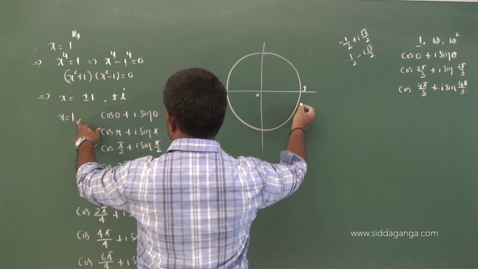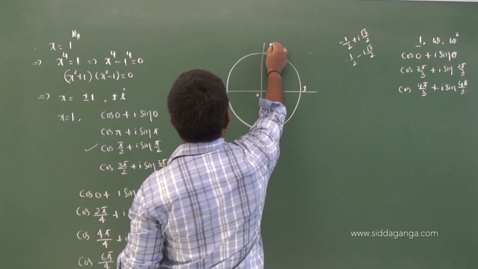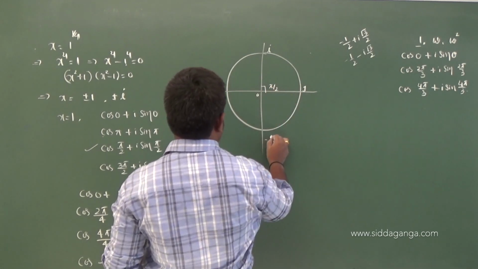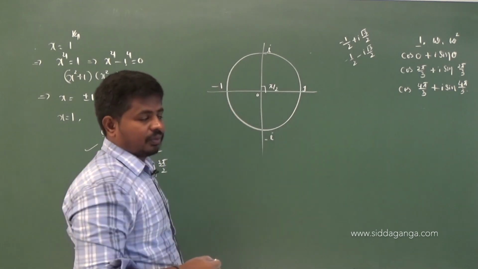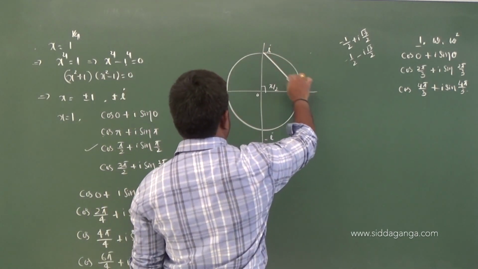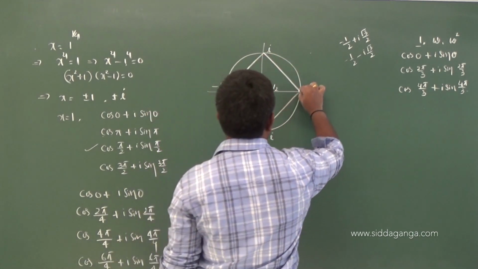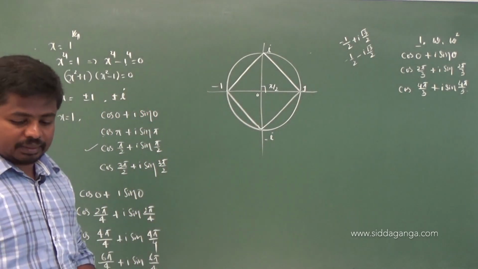The first thing is 1, and here you get minus 1, and this is i because the amplitude is pi by 2, and this is minus i, so the amplitude is 3 pi by 2. When you join these, again you get a regular polygon like this.